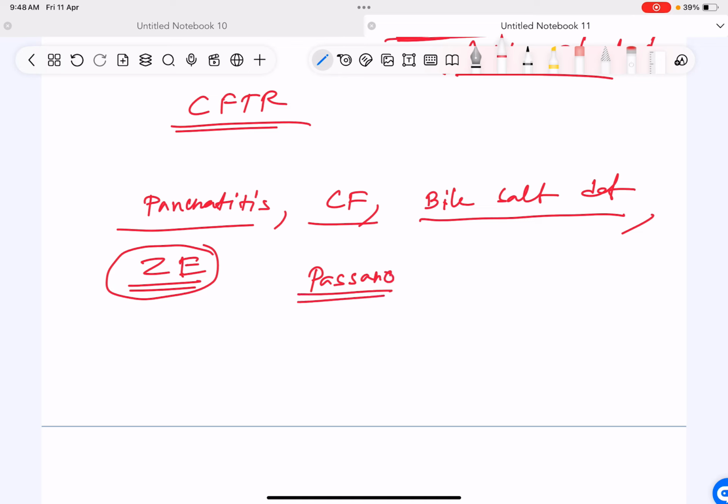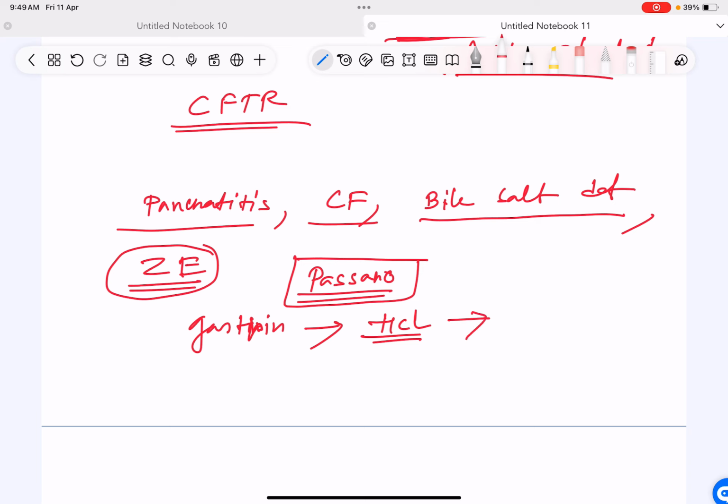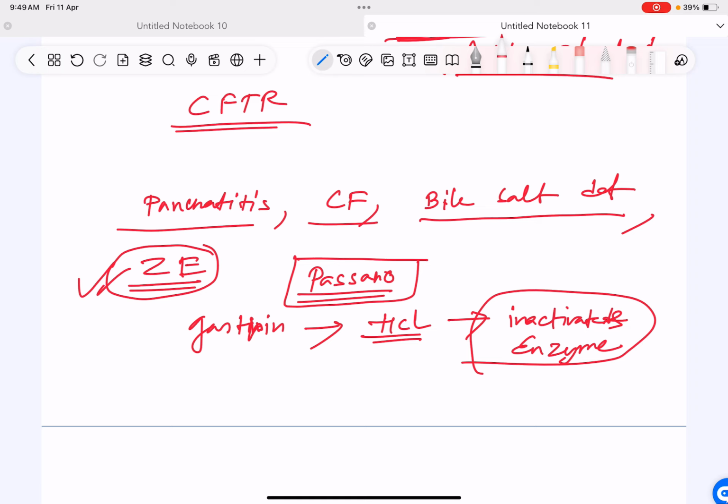This gastrinoma is producing a lot of gastrin. This gastrin is going to produce a lot of HCl. This HCl inactivates the enzymes in the duodenum. So Zollinger-Ellison syndrome causes malabsorption.